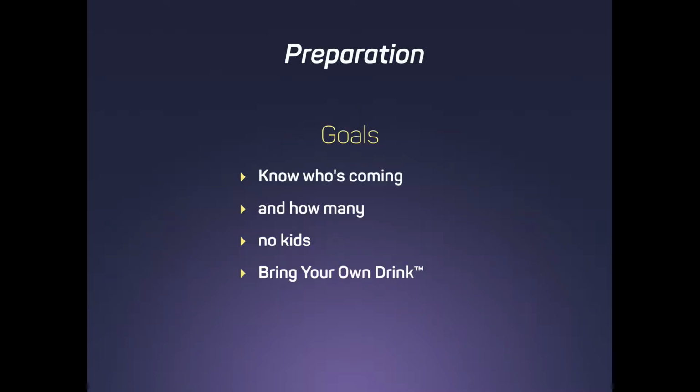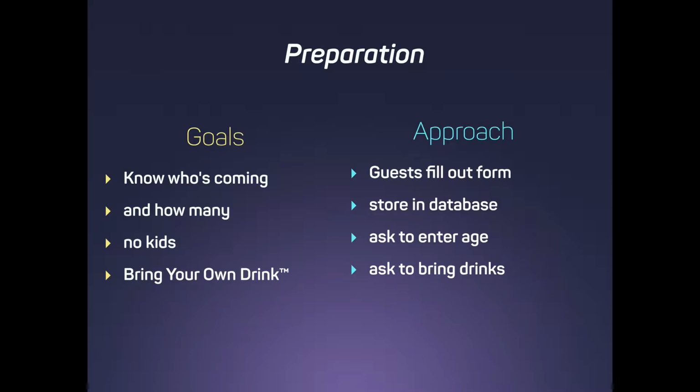so the goals of our application are to know who's going to be coming and how many of them. We'll need to make sure no kids will be coming, because that would be an adult party. And finally, we need to inform guests that there is a bring your own drink policy, and we will probably ask them if they are bringing drink and how much they're bringing.